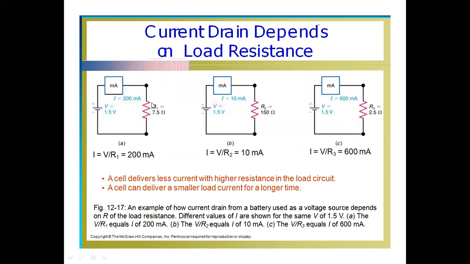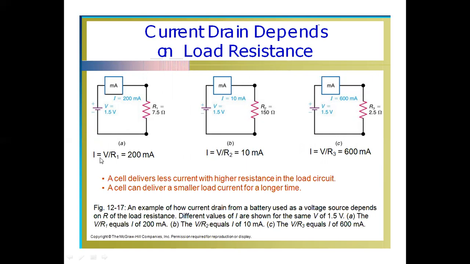So here a load is connected. Here a load of 7.5 ohm, then a load of 150 ohm, then a load of 2.5 ohm. For every case the same battery is connected, right? But the current delivered or drained is different for the different values of load resistance.